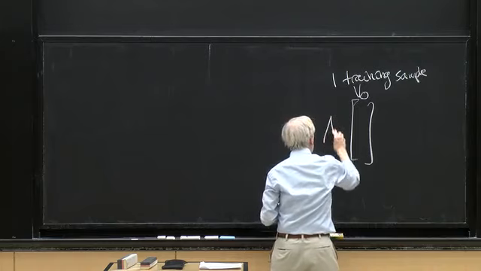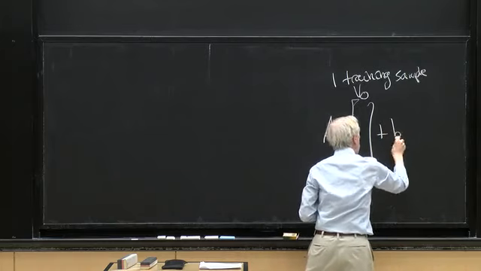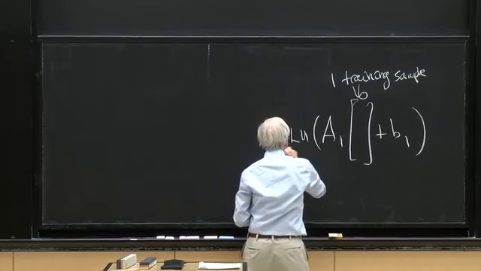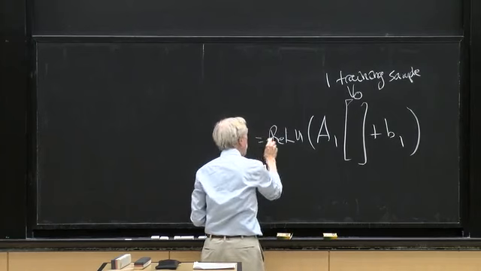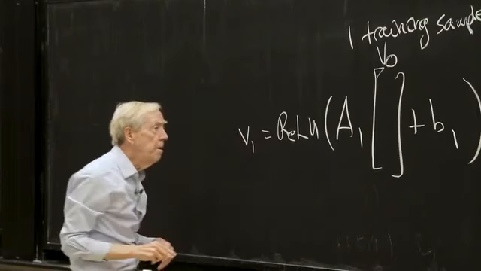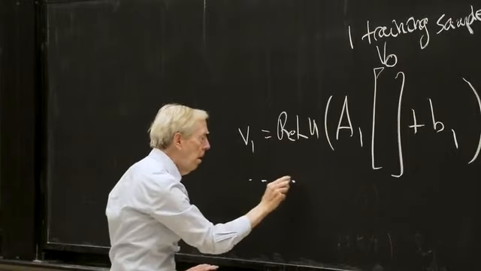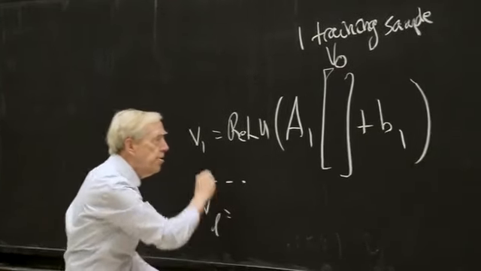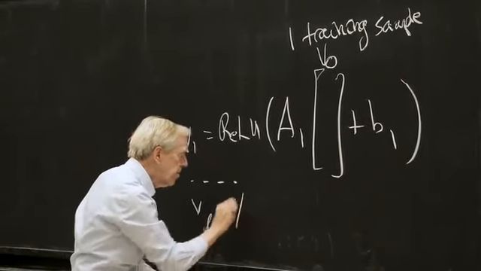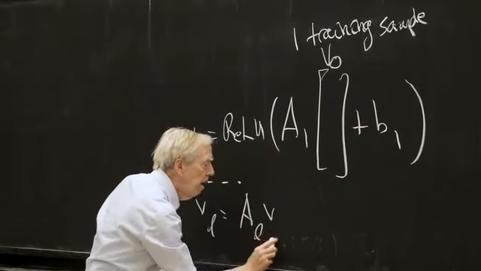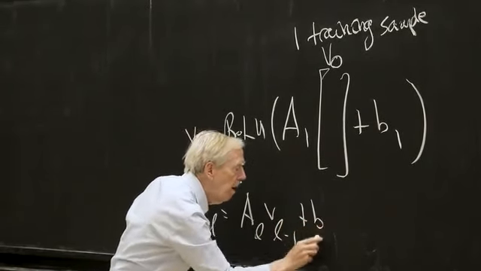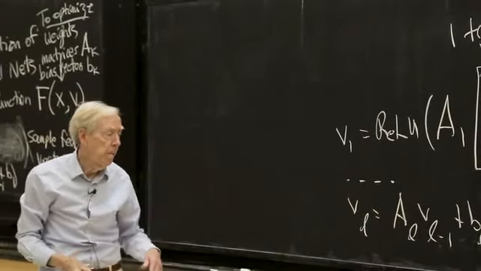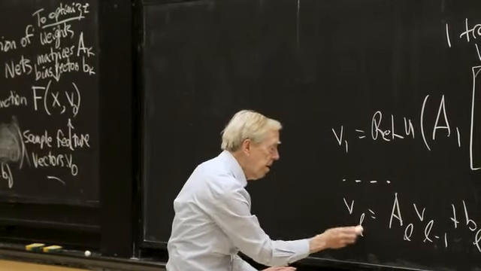Then you multiply by A1, and you add B1, and you take ReLU of that vector, and that gives you V1, and then you iterate to finally V_L, the last layer. You don't do ReLU at the last layer, so it's just A_L V_{L-1} plus B_L, and you may not do a bias vector at that layer, but you might. And this is finally the output.